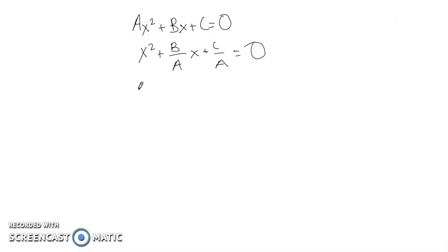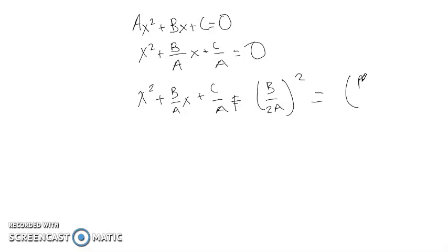So now we will add b over 2a squared to both sides of the equation. Now, plus equals b over 2a squared.